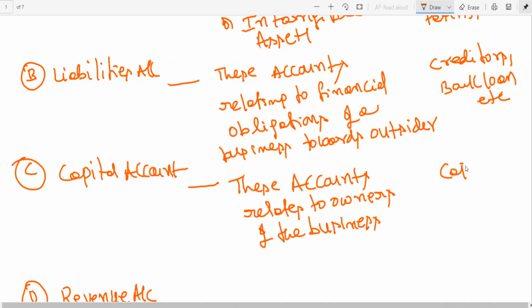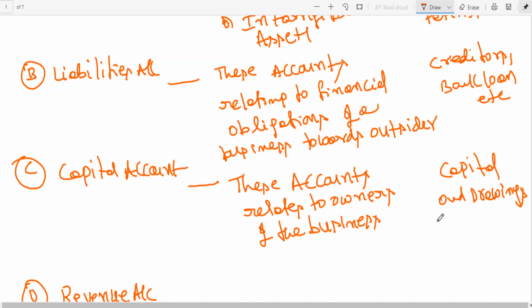It can be called capital and drawings. We have discussed already. What is drawings? Amount withdrawn by the proprietor for personal expense is called drawings. So capital accounts include capital and drawings.